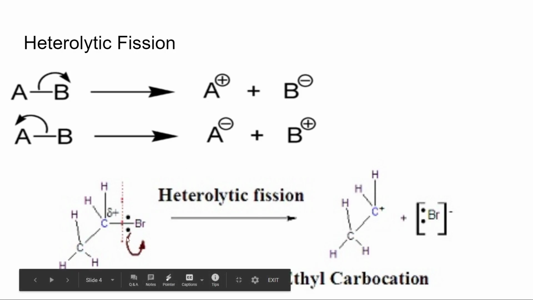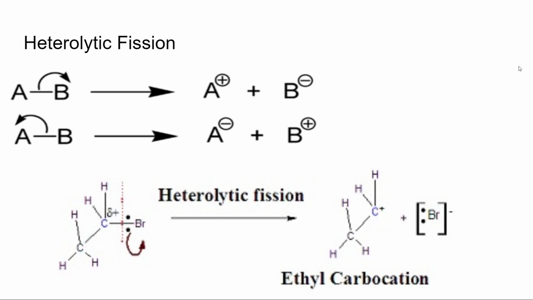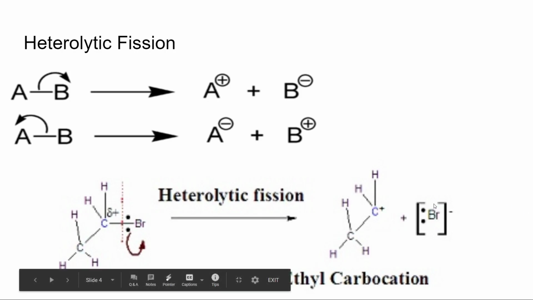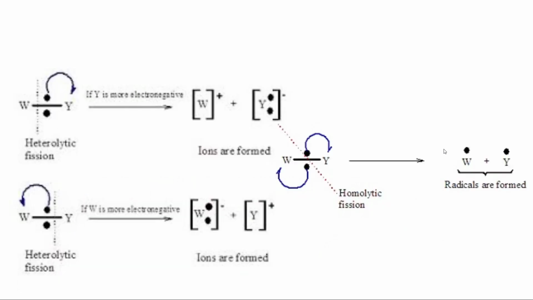This is an example of how it can happen. Notice that the break comes between the carbon and the bromine. In this case, since bromine is more electronegative than carbon, it's more likely to grab those electrons and it will have a negative charge, where the carbon will be left with a positive charge.